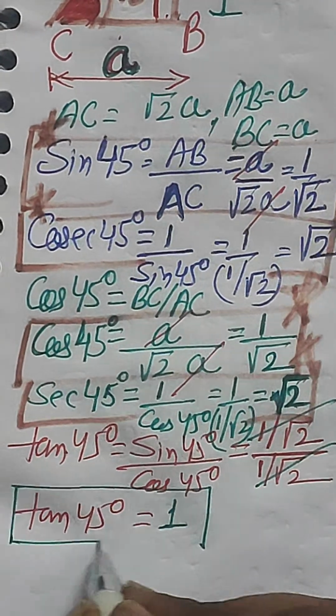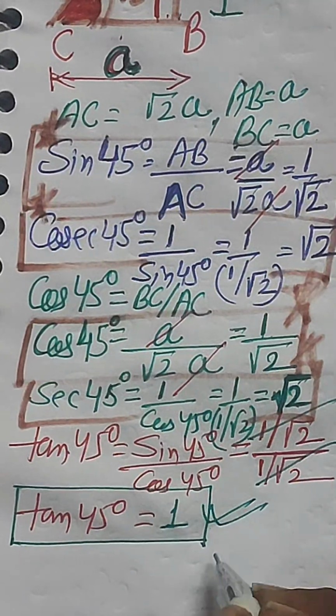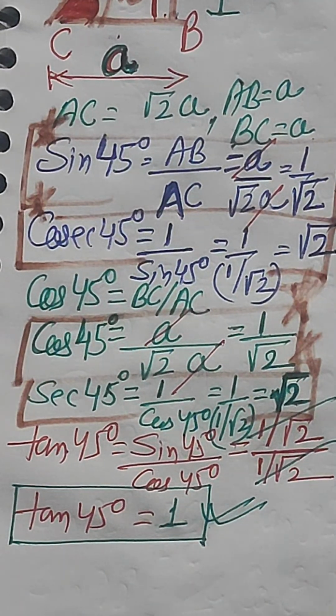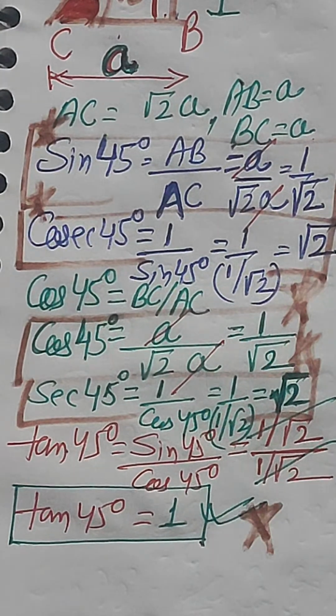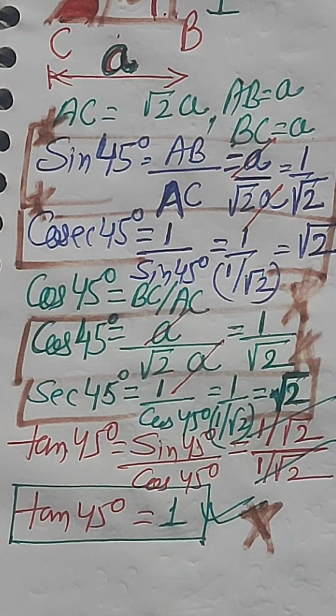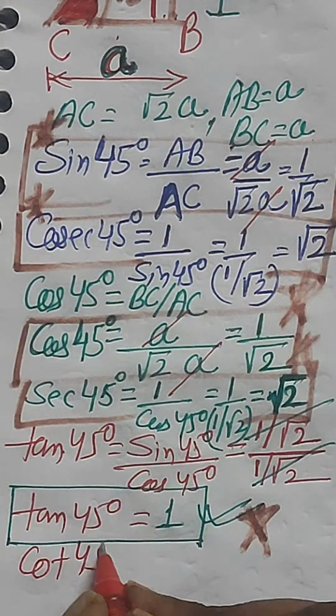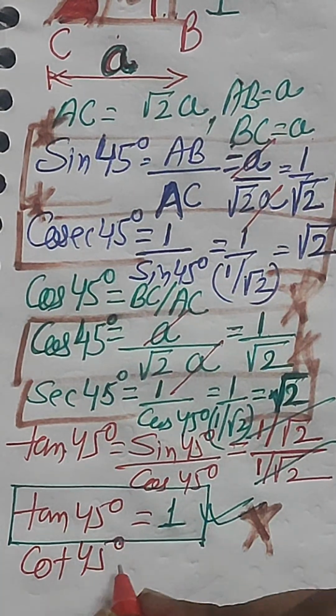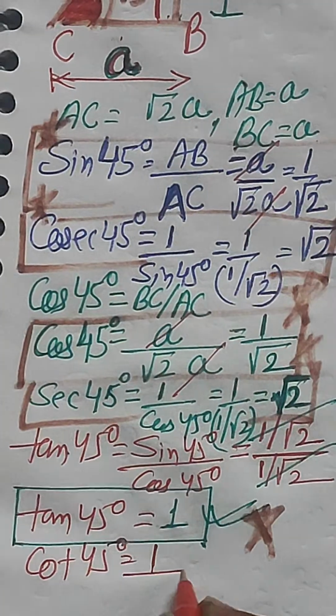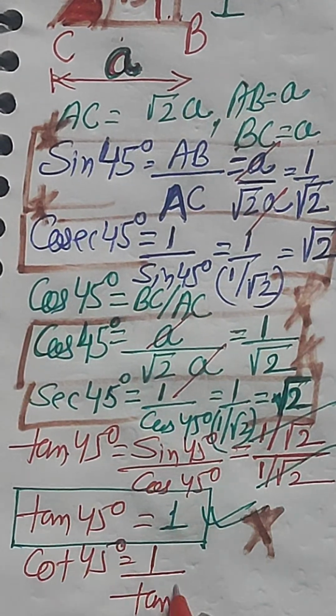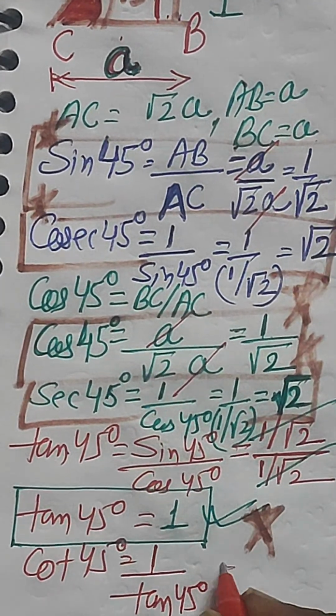So students, we have calculated the value of tan 45 degree, right? So this part is also solved. Now only cot 45 is left. So how to calculate cot 45? Cot 45 is nothing but the reciprocal of tan 45. What is the value of tan 45 degree?